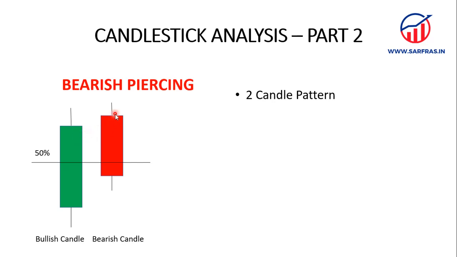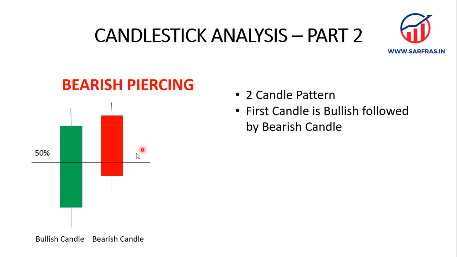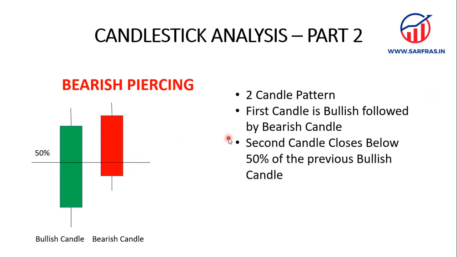Then the rally continues, but selling pressure comes in and the bears take control. When this candle closes 50% below the body of the previous bull candle, you call it a bearish piercing.